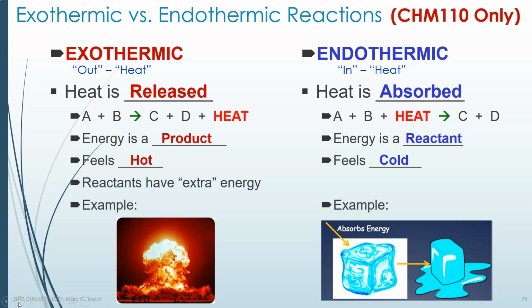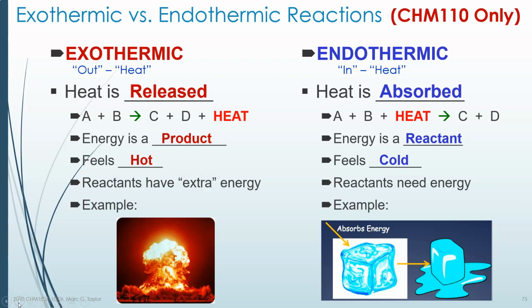So in the case of an exothermic reaction, where did this heat come from? Well, it's because the reactants you start with are higher energy. They have higher energy to start with, and when you make the products, that energy has to go somewhere. Well, it's released as heat. Whereas in an endothermic reaction, the reactants need energy. Look at the reaction written.